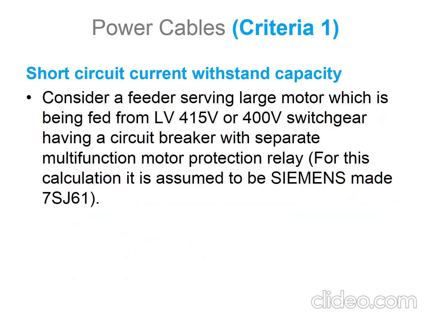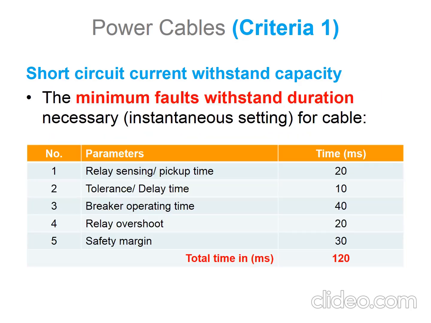Okay, we also have to consider a feeder serving a large motor which is being fed from LV 415 or 400 switchgear having a circuit breaker. This is the minimum fault withstand duration necessary for the instantaneous setting for the cable.